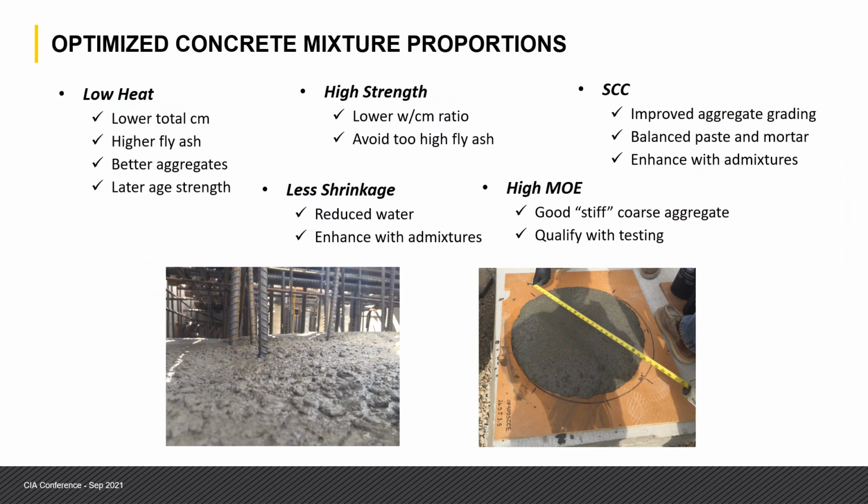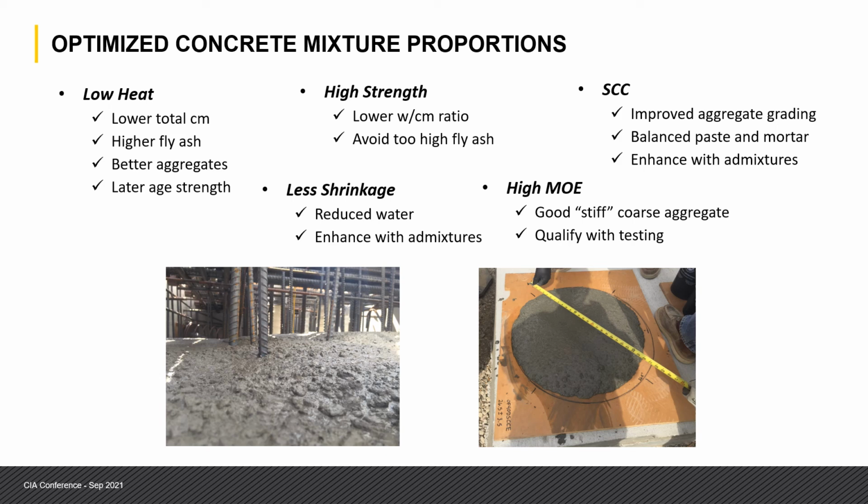Now, the most important part of this project that I want to show is how we were able to optimize the concrete mixture. We have the requirement for low heat, shrinkage needed to be low. We have also strength requirements and modulus of elasticity requirements. And we were going to have self-consolidating concrete. So you can imagine all the different challenges. The first thing we did is select a low water demand, high quality coarse aggregate. By doing that, we were going to be able to then reduce the water demand.